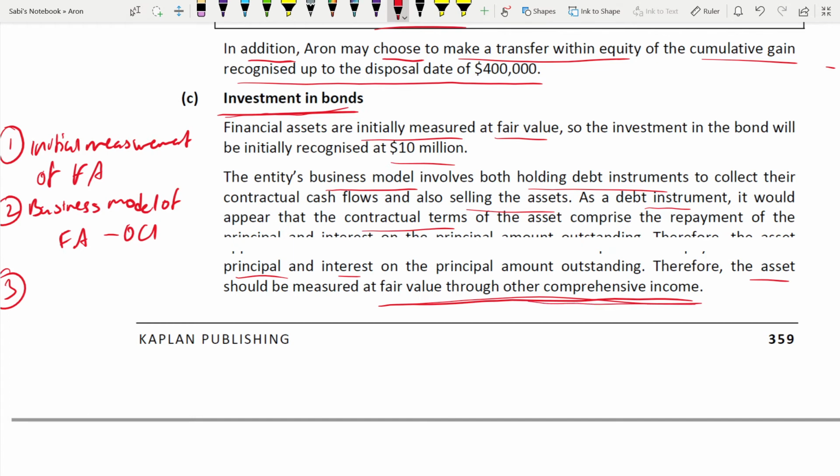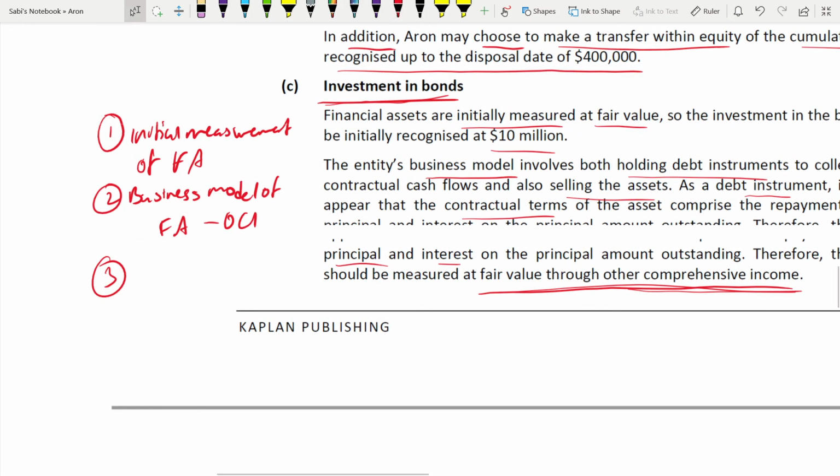If it was for your trading activity, then it makes sense to put it under profit and loss. Understood? That's the reason. If you know the reasons, you will memorize it better. But the reasons are not needed. I have just told you this for those students who want to know why other comprehensive income is the default position.